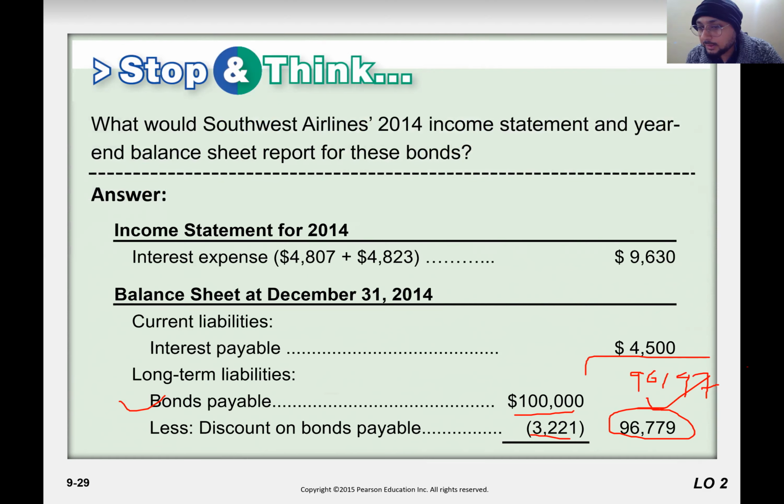Now after the year end, 1 year passed, the value is 96779, right? So the concept is that when bonds are issued at a discount, their value on the books, on the balance sheet, starts increasing year over year until it reaches its value of 100,000. It means that after 5 years, the discount must be equal to 0, right?